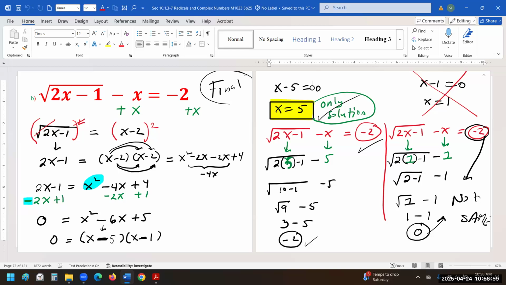Once you get rid of everything next to the radical, then you can apply the power, depending on what type of radical you have. Here we have a square root, so you apply the square power. If you have a cube root, you need to apply the cube power. If you have a fourth root, you need to apply the fourth power. So depending on what type of radical we have, we apply that power.